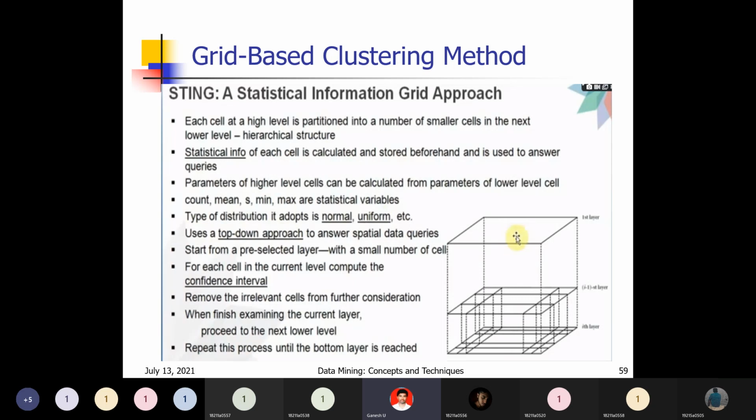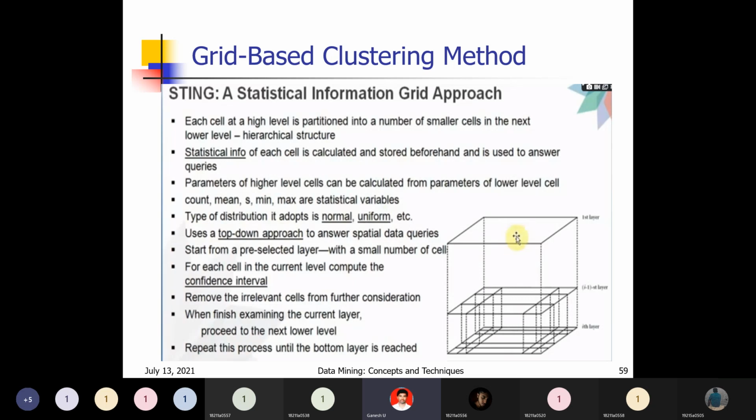Parameters of higher level cells can be calculated from parameters of lower level cells. From lower level cells, you can get the higher level cell values. Why? Because in the lower level cell, you have the mathematical information. That is combined across the number of cells, and we go to the higher level. So the higher level data also you can calculate from the parameters of the lower level cells.